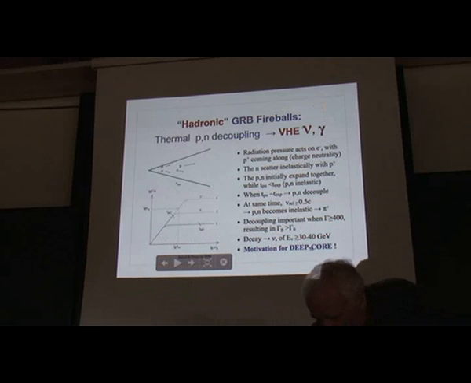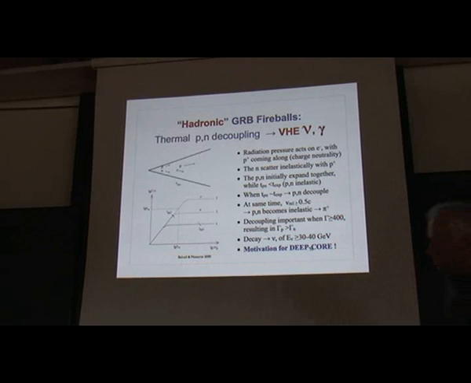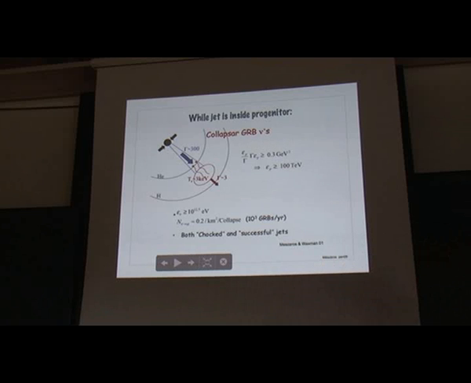The inelastic collisions of neutrons and protons would produce 40 or 50 GeV neutrinos, and this was one of the motivations for building the deep core components. And then these are the precursor neutrinos from the jet inside the star.